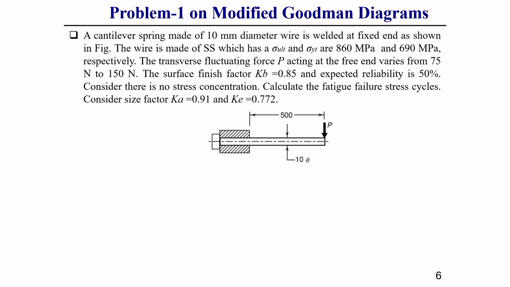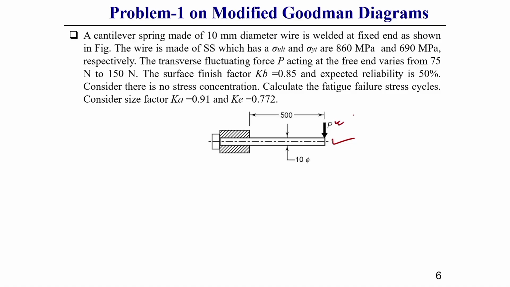So, this is the problem statement you can see. This problem I will solve based on the modified Goodman diagram. A cantilever spring, here you can see, you know cantilever means one end fixed, another end free, and at this other end there is a point load P. So, a cantilever spring made of 10 millimeter diameter wire is welded at the fixed end, as shown in the figure.